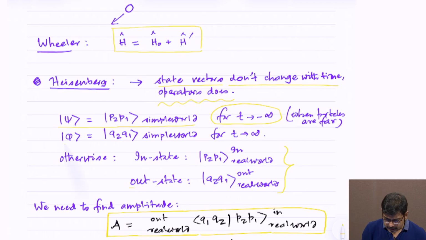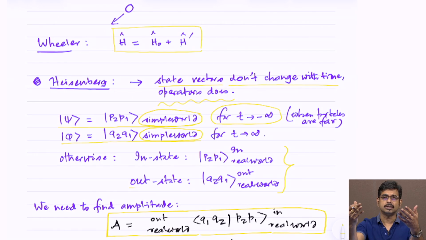On the other hand, the final state is represented by |Q2, Q1>. There is a tagline which I am adding, which is called the simple world. This simple world basically means that it is described by the free Hamiltonian H naught, where the canonical quantization description applies. So this is for t tending to infinity, which is far after the scattering.